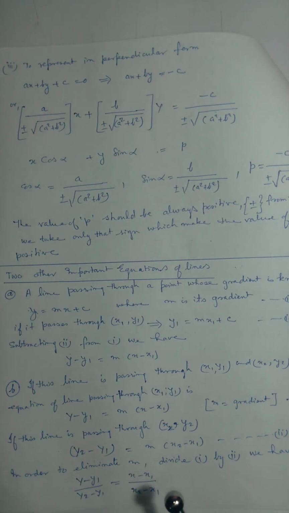In order to eliminate m, divide the first by the second, we have y minus y1 upon y2 minus y1 is equal to x minus x1 upon x2 minus x1.